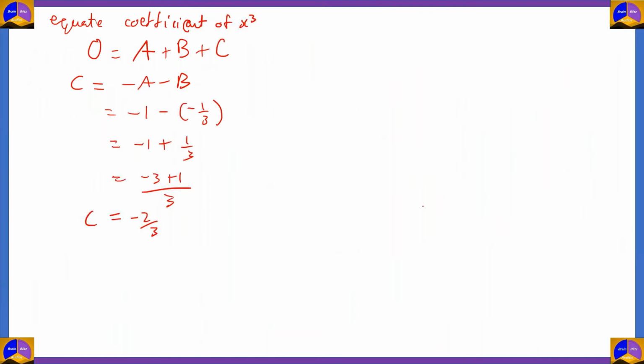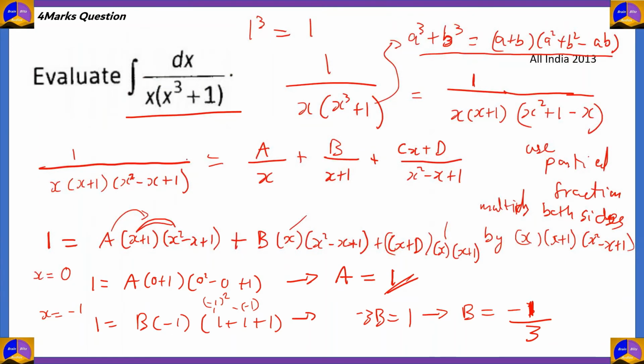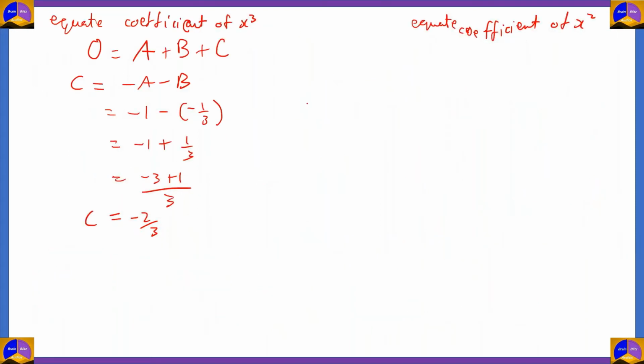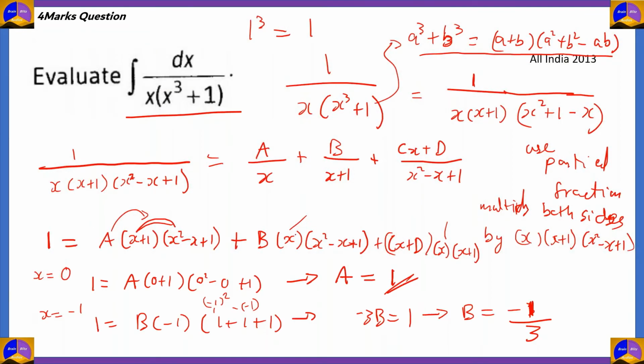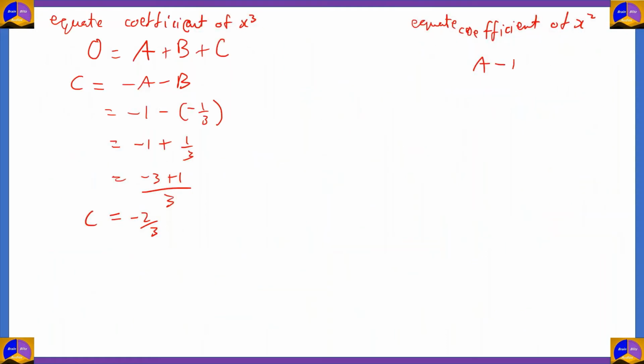So basically, to find the value of d, we equate the coefficient of x squared. Let's go back here. So if you multiply 1 to x squared, you'll get x squared. So therefore, we have a as a coefficient. We will also have b as a coefficient when x is multiplied to minus x. So it becomes minus b.